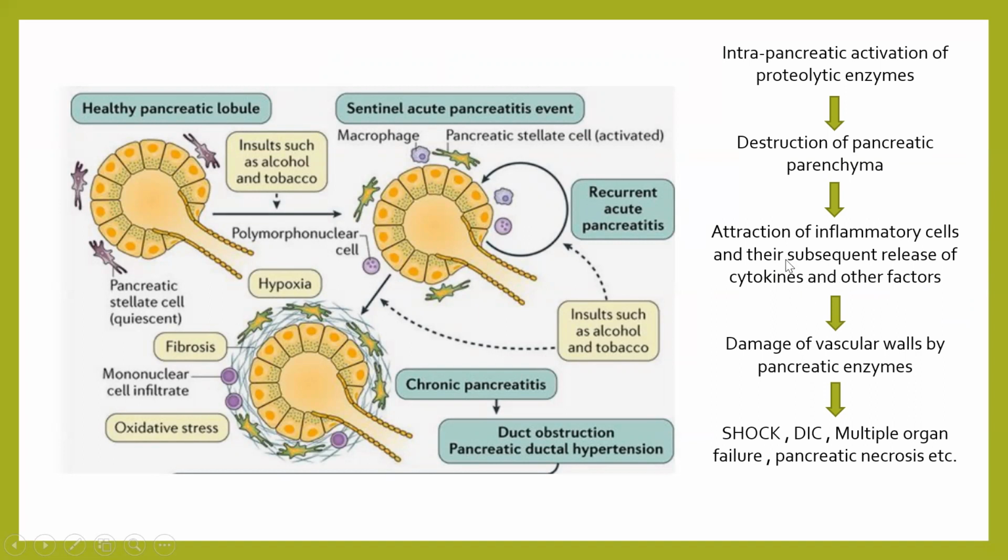Which means that these enzymes can escape into the blood flow and affect not just the pancreas, but also organs such as the lungs, and the whole circulatory system. So we have damage of vascular walls by pancreatic enzymes, which can cause DIC, disseminated intravascular coagulation, shock, multiple organ failure, and also if they get inside the lungs, we can have formation of ARDS.